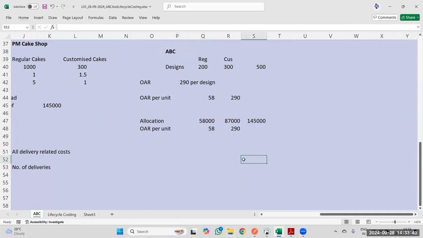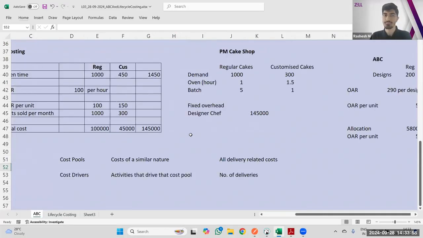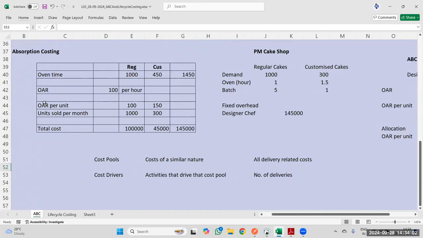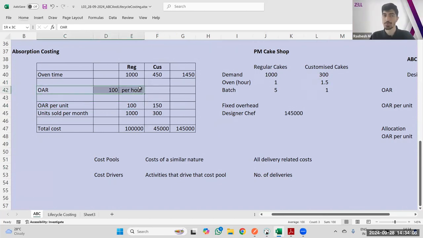Sir, I'm clear with this ABC, but in that absorption costing, I have one doubt. Sure, go on. That OAR per unit is what I'm getting confused. So the number didn't change because there's 1 and 1.5. So take it this way, okay? OAR is 100 rupees per hour.